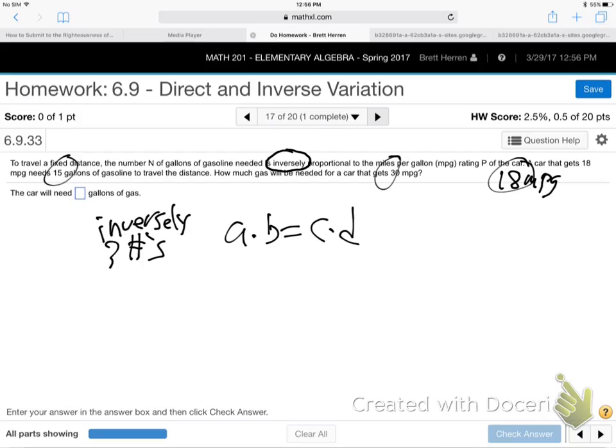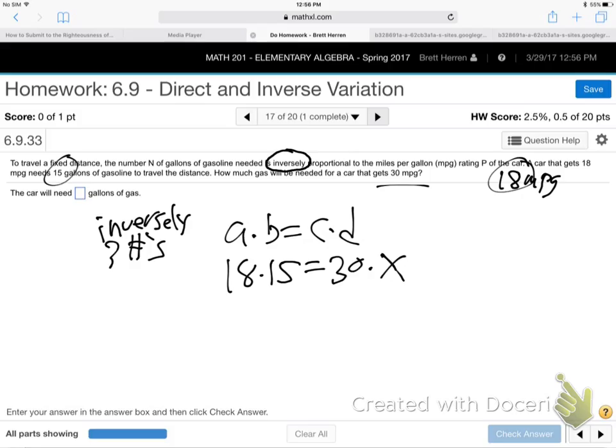Very practical question here, right? 15 gallons of gas. A car that gets 18 miles per gallon. You're going to need 15 gallons to make a trip, but a car that gets better gas mileage will need less, huh? It's an inverse relationship. Better gas mileage, less gas needed, right? So anyway, we just go 18 times 15 is, what's that other number, 30? 30 times x.